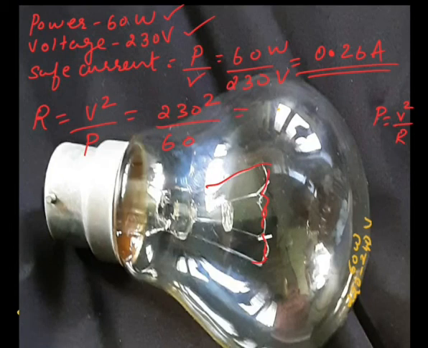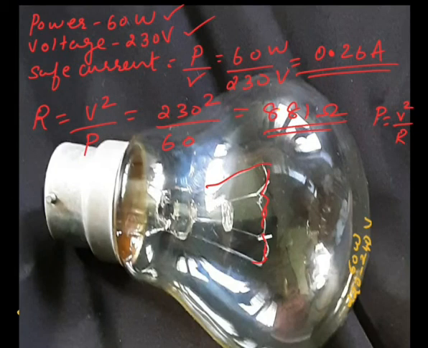If you find the value, you will get almost 881 ohm. So this will be the resistance of the filament while it is working.